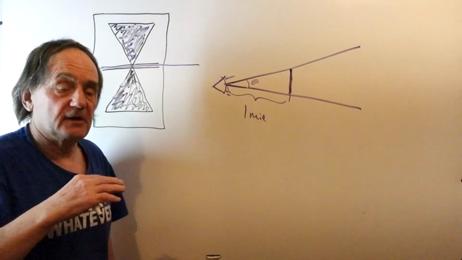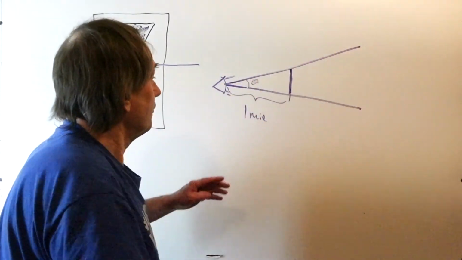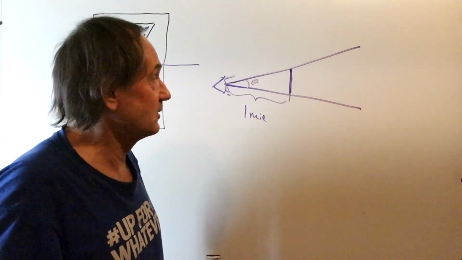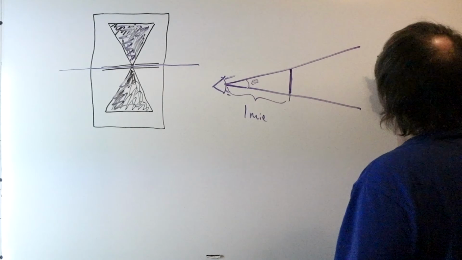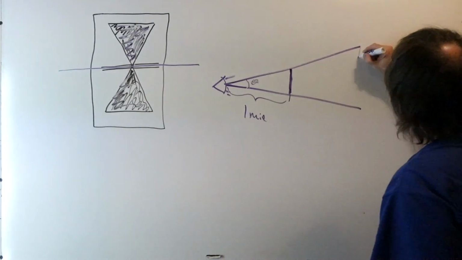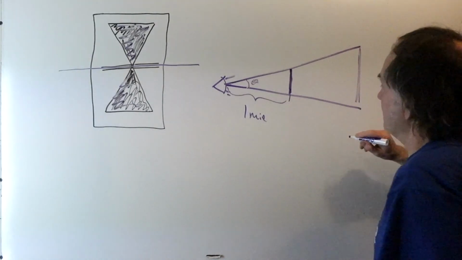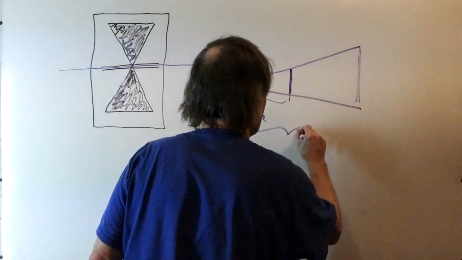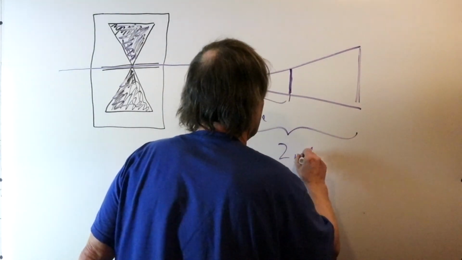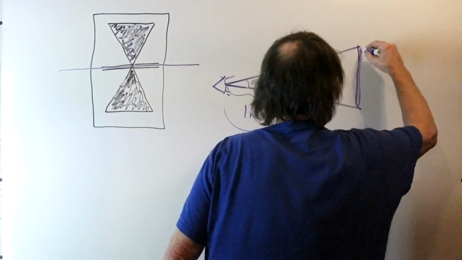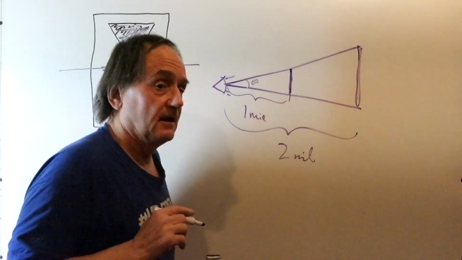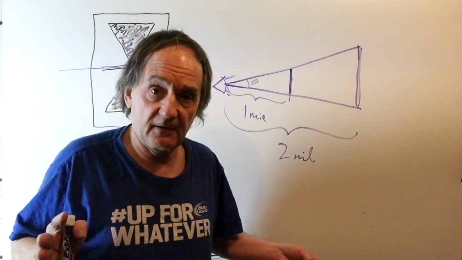Well, an object out much further will have the same apparent angular size if it fits within this triangle. So say we're out here at 2 miles. If this target is twice the size of this target, its apparent size will be identical.